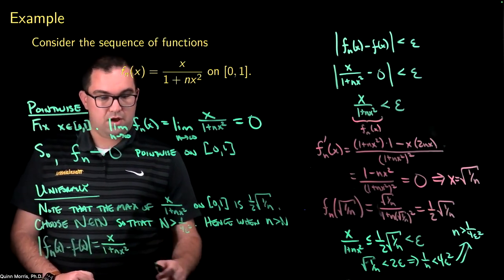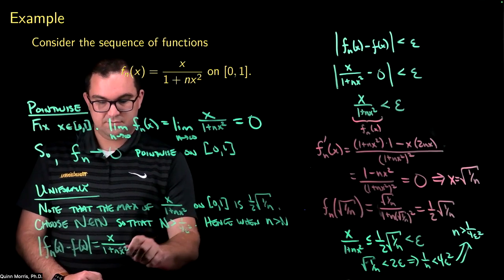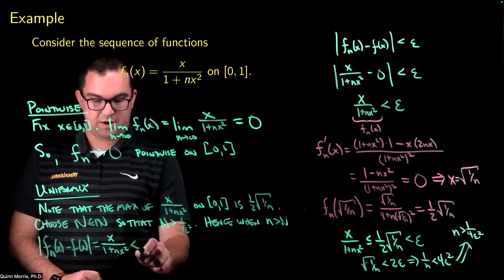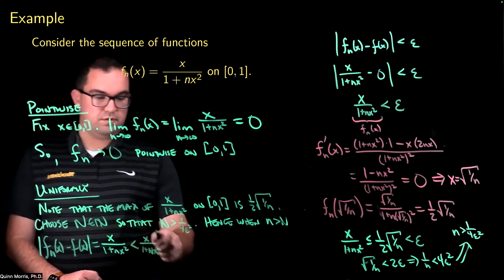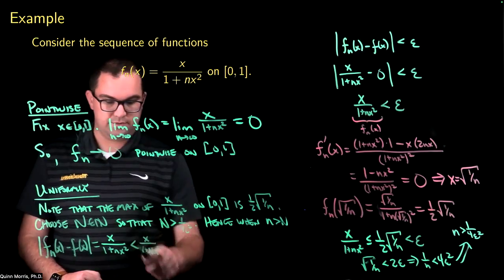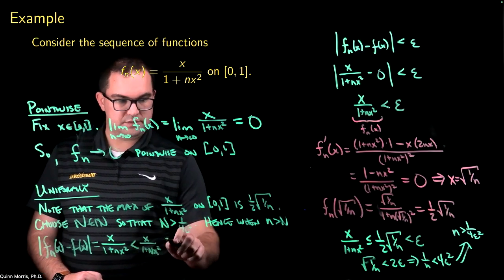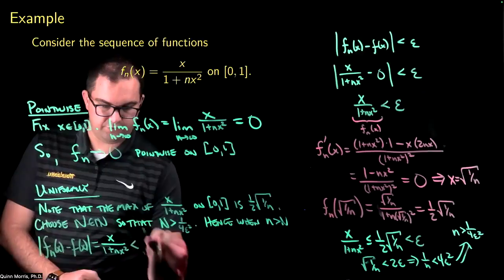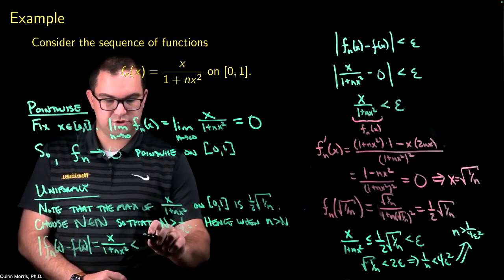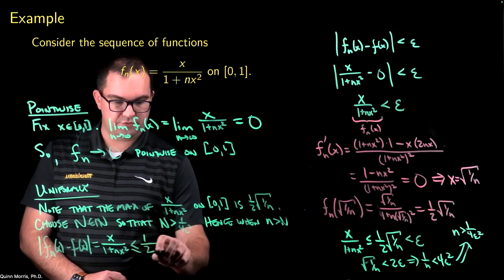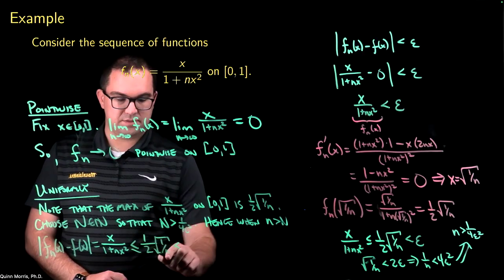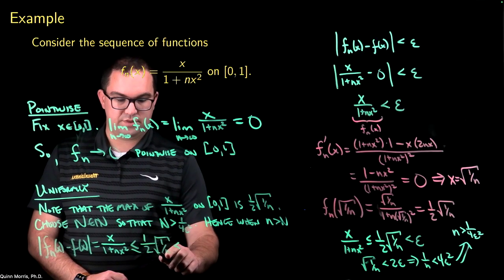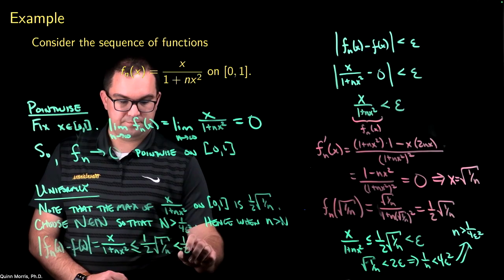All right, now I can replace this. I'm going to put something smaller in the denominator, that'll make this bigger. Okay. The maximum of this function, right, well, actually, sorry, let's do this first. So the maximum of this function is always less than or equal to 1 over 2 square root of 1 over n. Now I'll put something smaller in the denominator here, which will make this bigger.